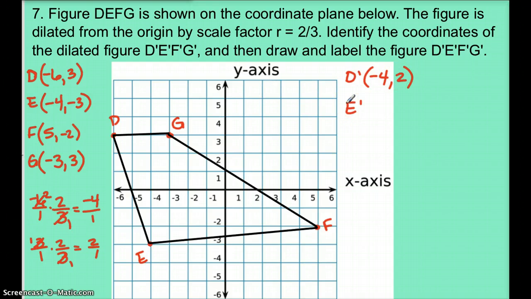Okay, on to E prime. We have -4 as our first number, so I'm going to take -4/1 times 2/3. I can't cancel anything, so I'll just go straight across, and I get -8/3.